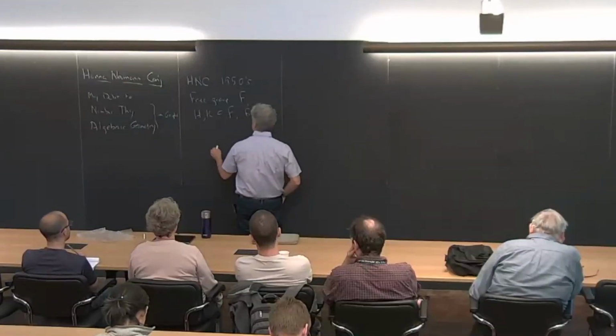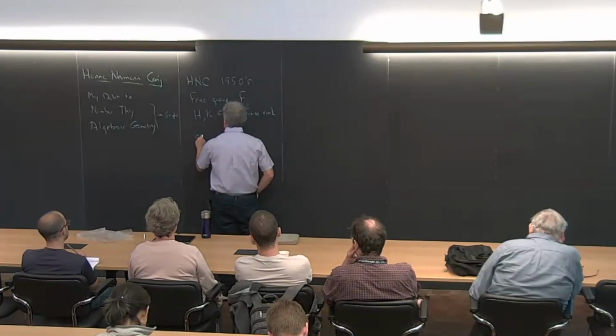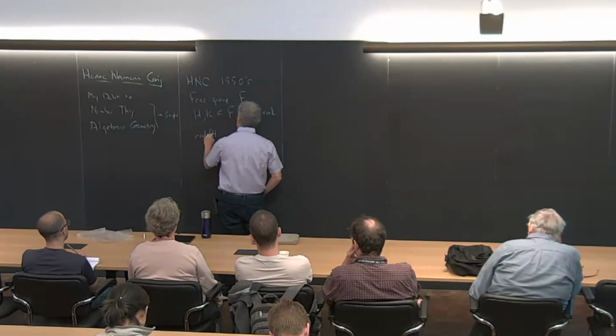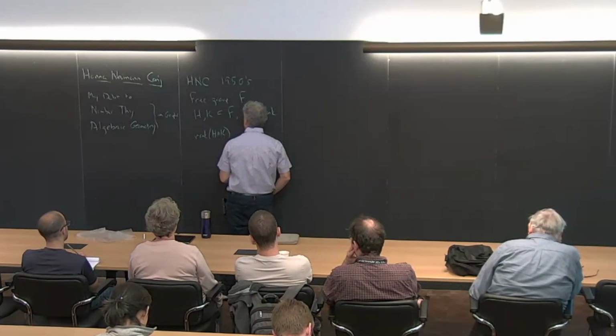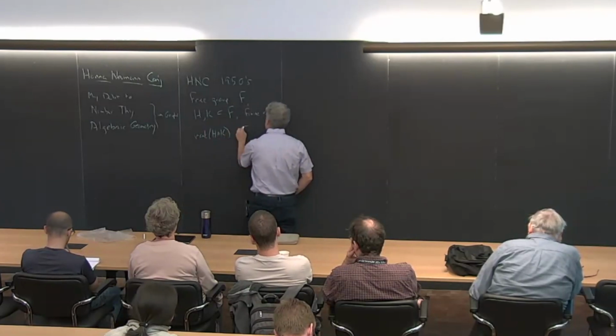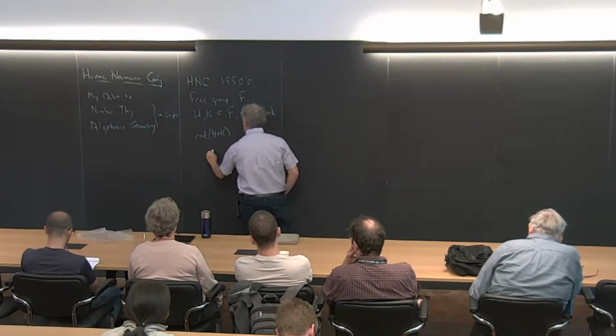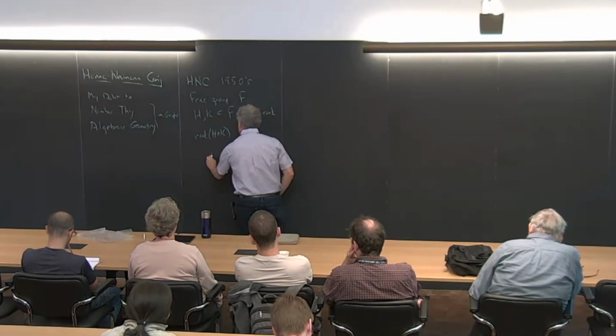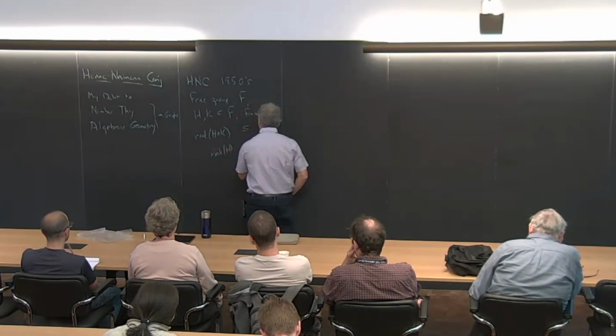You have the rank of H intersection K, you have some bound in terms of the rank of H and the rank of K.